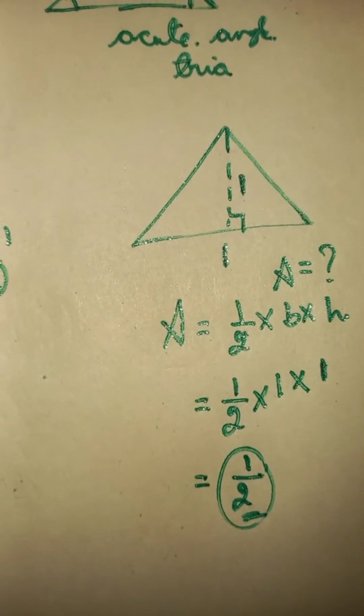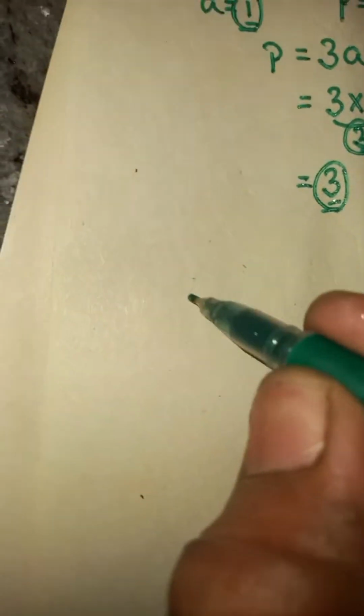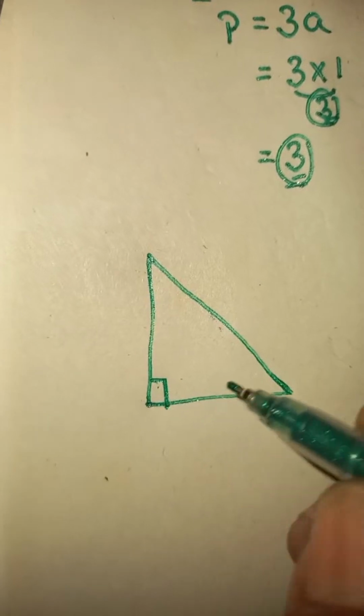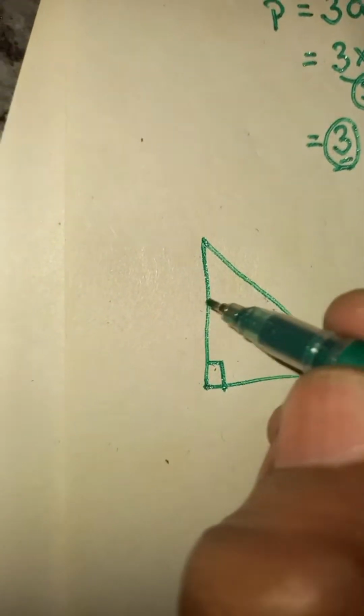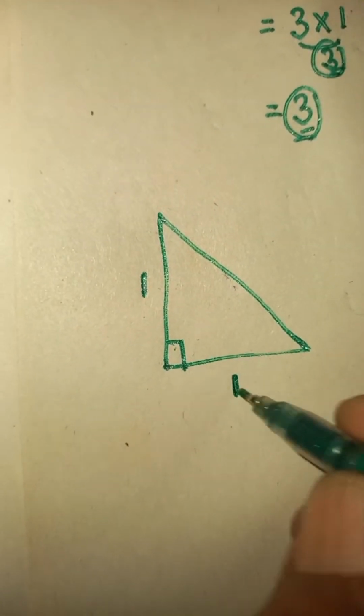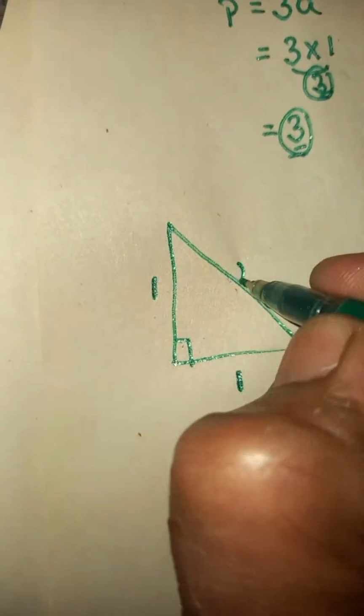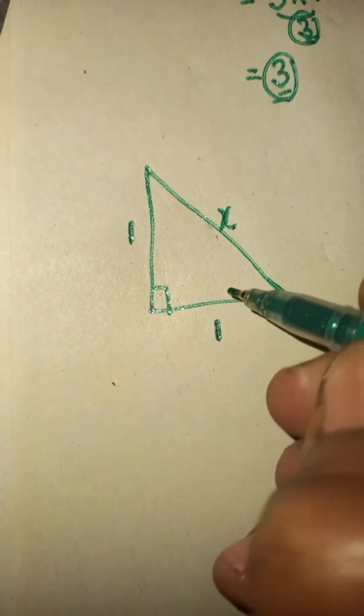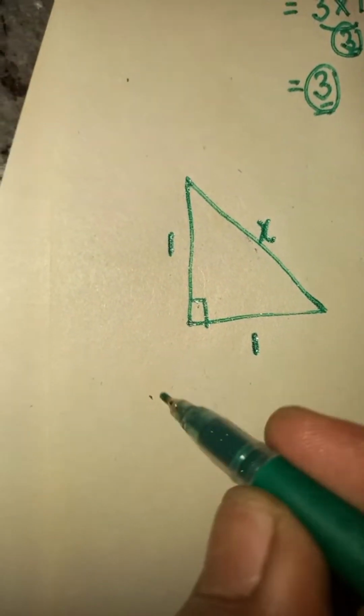Let's take another type of triangle. That is the right angle triangle. In this right angle triangle, you can use the Pythagorean theorem. They have given this side length as 1 unit, and even this side length as 1 unit. You need to find out what the length of the hypotenuse is. The sum of the squares of these two sides becomes equal to the square of this side.